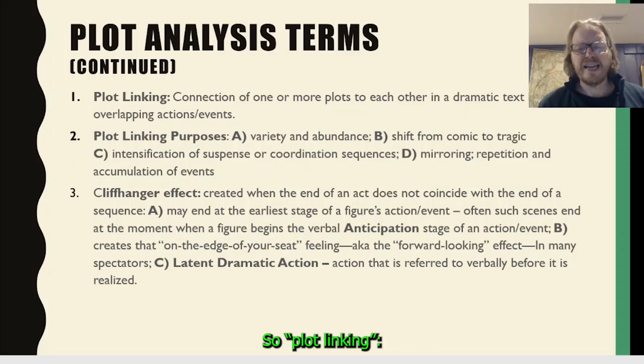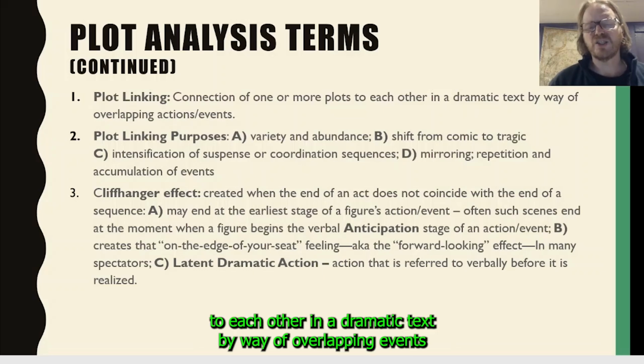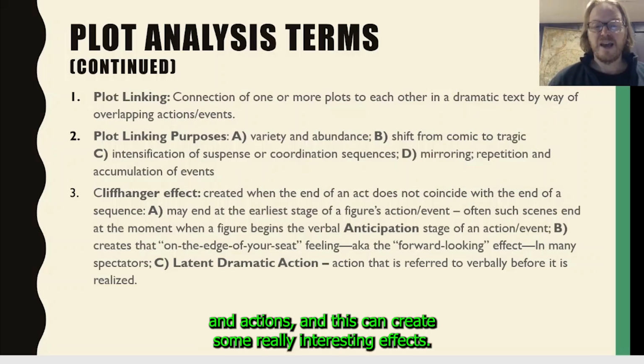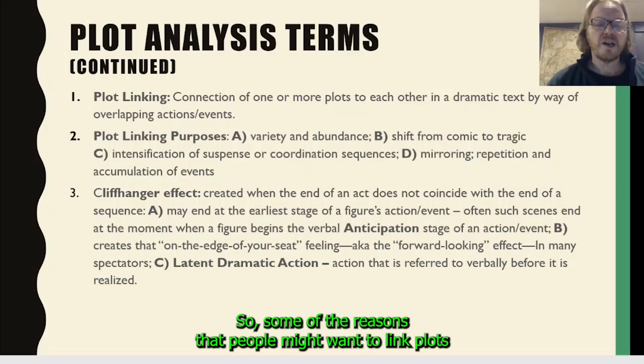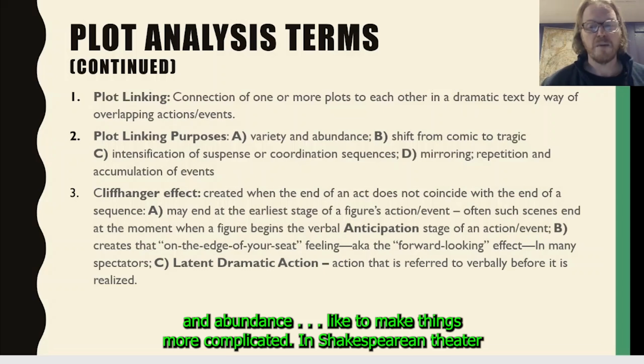So plot linking. Plot linking is the connection of one or more plots to each other in a dramatic text by way of overlapping events and actions. And this can create some really interesting effects. So some of the reasons that people might want to link plots together is just for the sake of variety and abundance, like to make things more complicated.